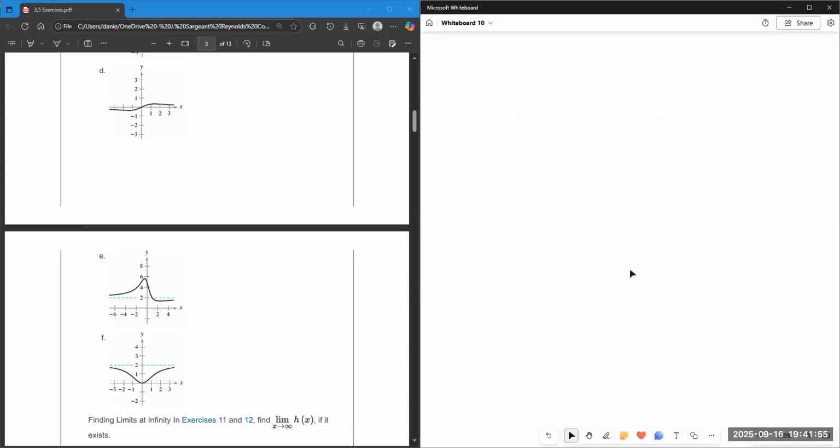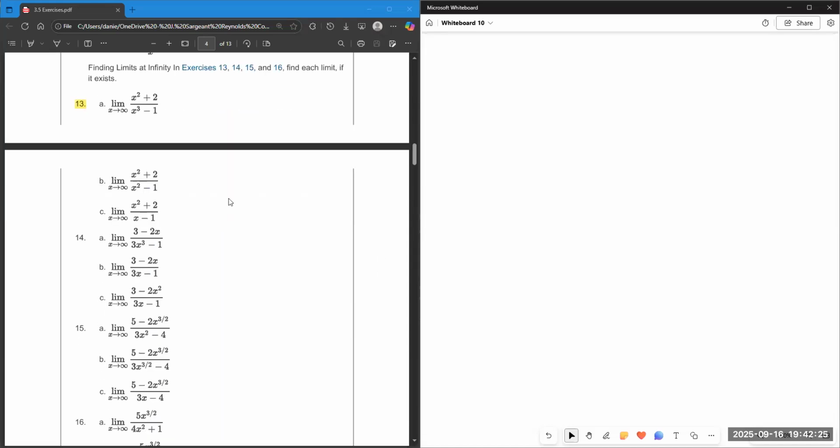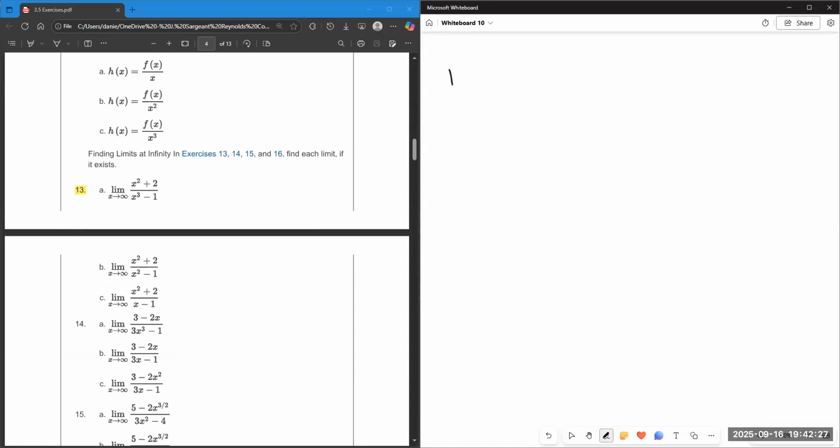Let's move on to our next problem, which is number 13. Make sure I don't miss anything here. Okay, number 13. I think a little easier than the graphing. Same procedure as I did.